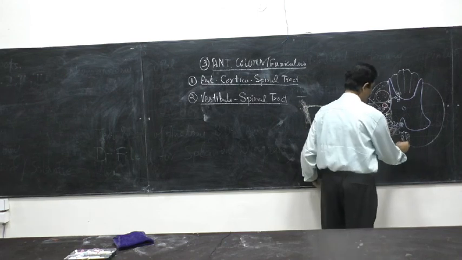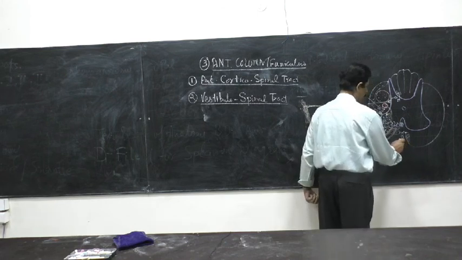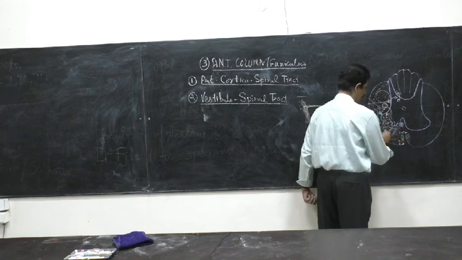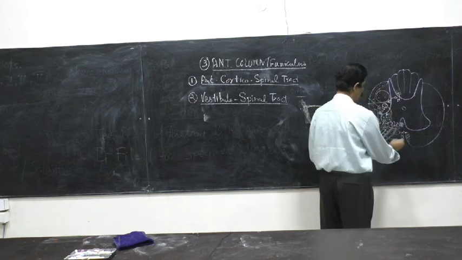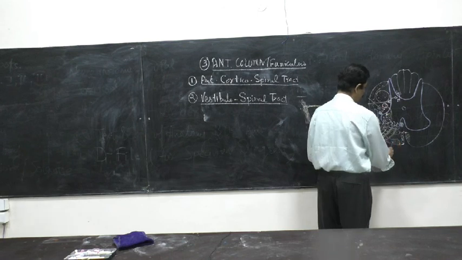It lies in the anterior-most peripheral part. It is a very large tract out of all the tracts in the anterior funiculus. So that area is big. So this is the vestibulospinal tract.